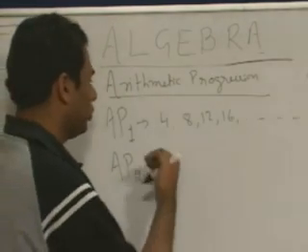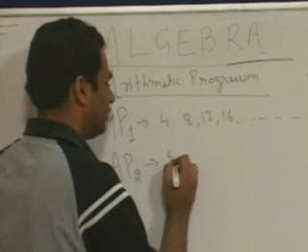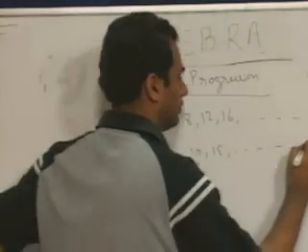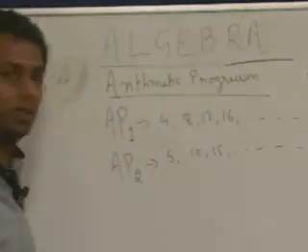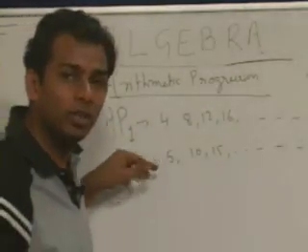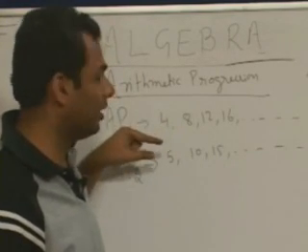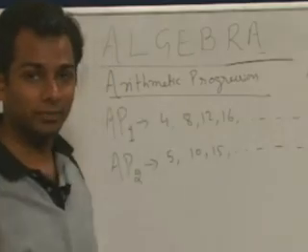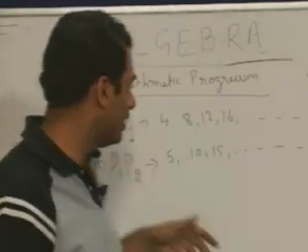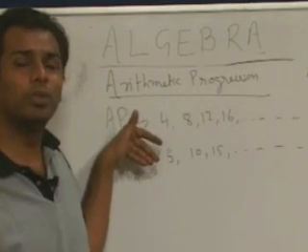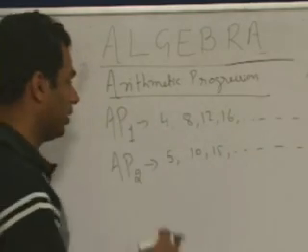This AP2 starts from 5, then 10, and then 15, and so on. And we need to find out the sum of the first 100 terms which are common in both the series. I repeat once again, we need to find out the sum of the first 100 terms which are common in both the series. So just see how.